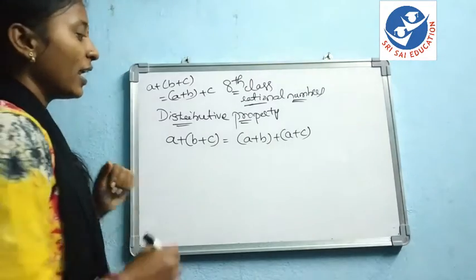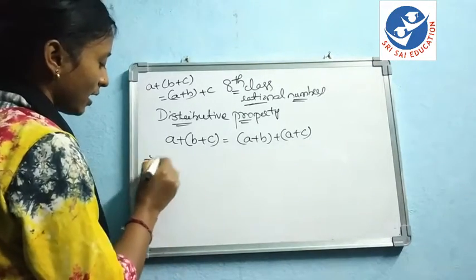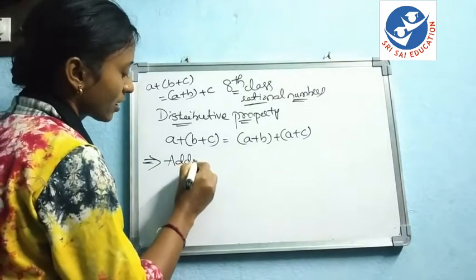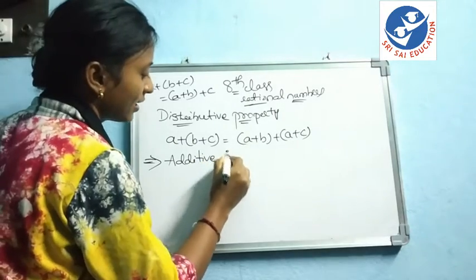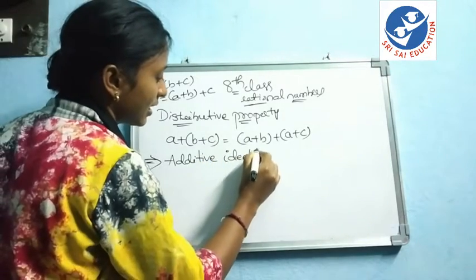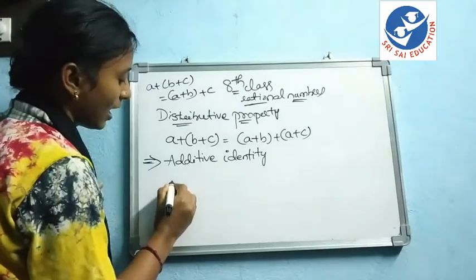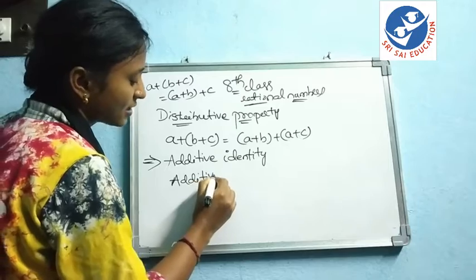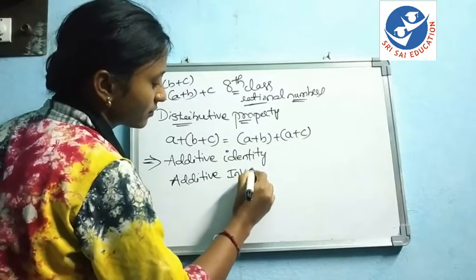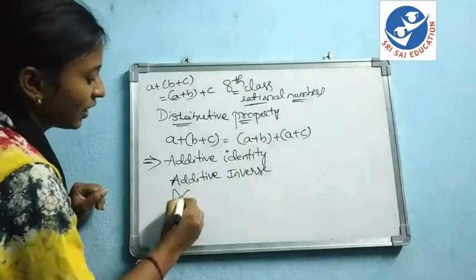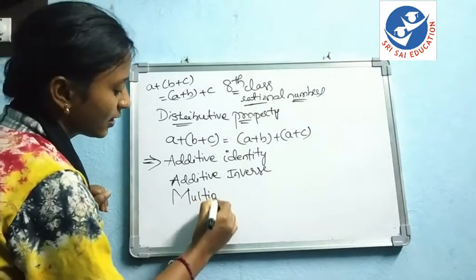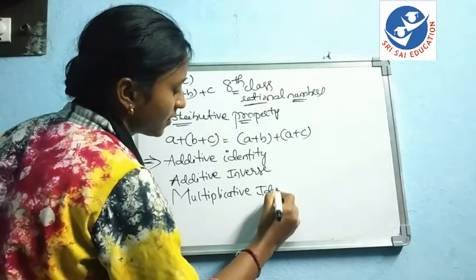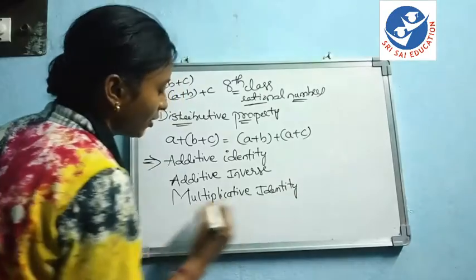In this, we learn other properties, that is additive identity and additive inverse and multiplicative identity and multiplicative inverse.